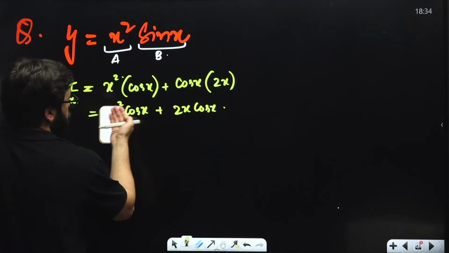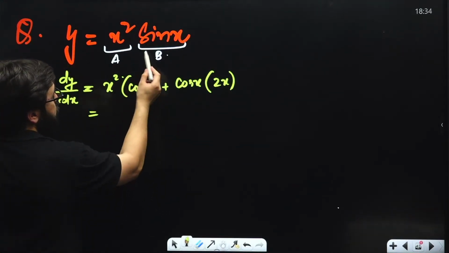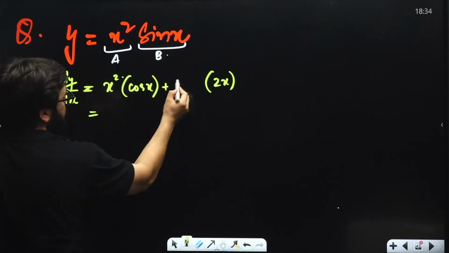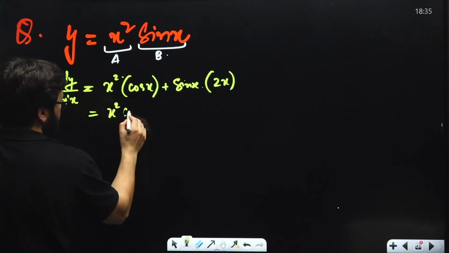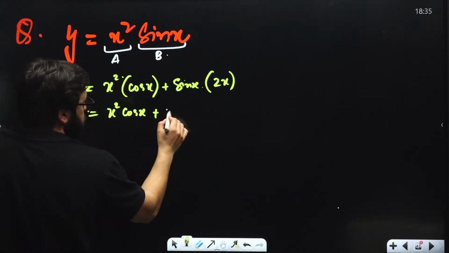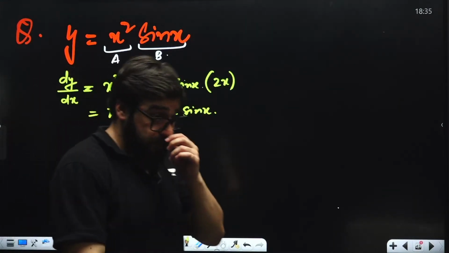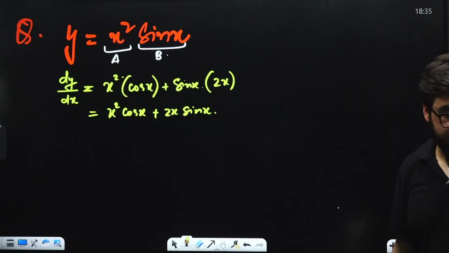Okay, I forgot to do the differentiation, I made a mistake over here. I'll have to keep sine x as it is. Now it is fine. So x square cos of x plus 2x sine of x.